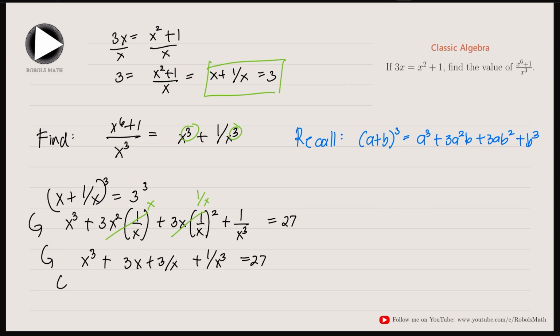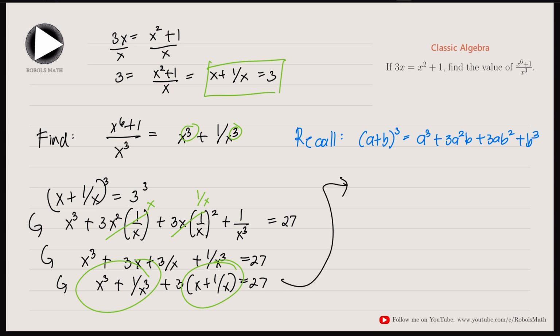Then we just regroup the left side. We have x cubed plus 1 over x cubed plus 3 times x plus 1 over x equals 27. Now, this part here is what we want. This part here is what we know.